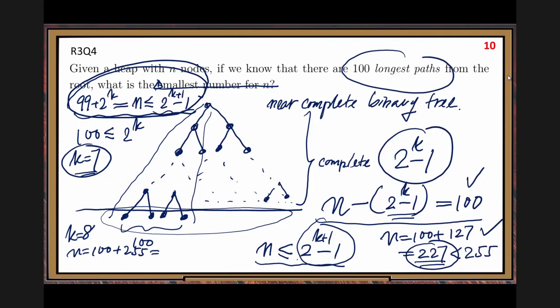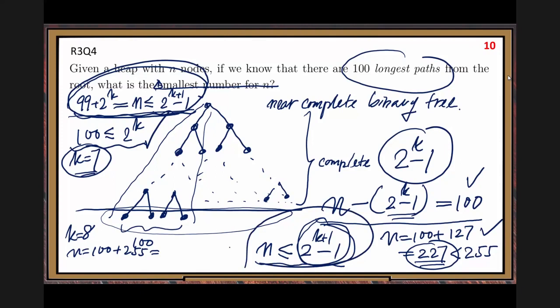That's the number of nodes when the lowest level is full. After simplification we get 100 less than or equal to 2 to the k, so the minimum k is 7. This inequality must be true. For 6, 64 is not true. If you understand this condition, then you're fine.